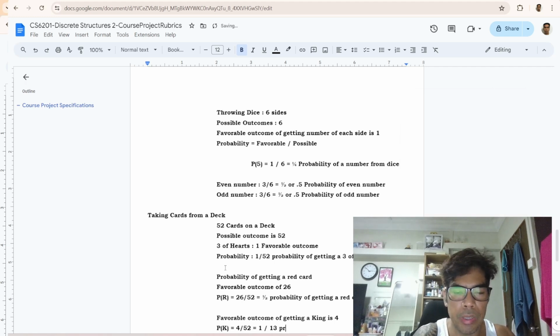So the probability of getting a king is 1 over 13.